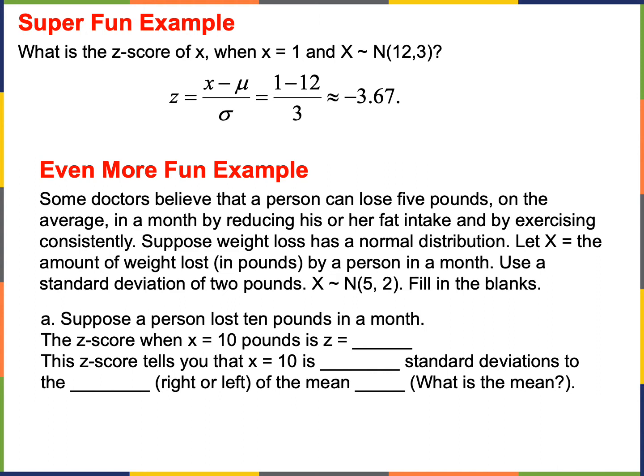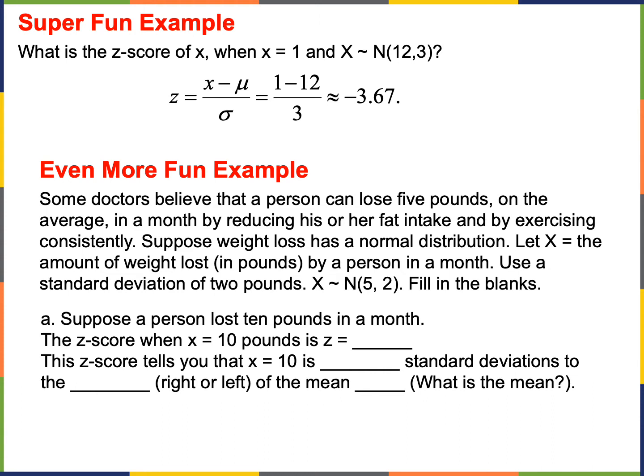Suppose a person lost 10 pounds in a month. Remember that x is the amount of weight lost, so that means that x is 10. What is the z-score for that? We need to use this equation. Do we have all the things to solve for z? Well, we have x, we have the average, which is 5, and we have the standard deviation, which is 2.